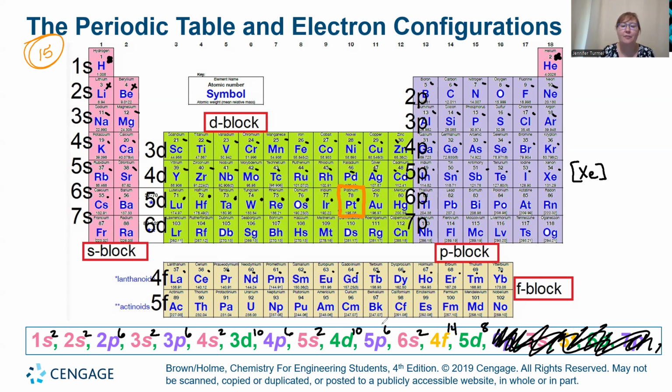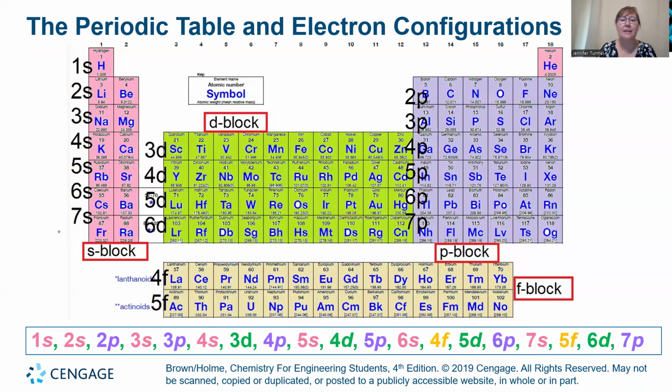And that happens at 5p6. So our noble gas configuration would be xenon here, followed by 6s2, 4f14, and 5d8. And those are our full electron configuration and our noble gas configuration for platinum. Okay.